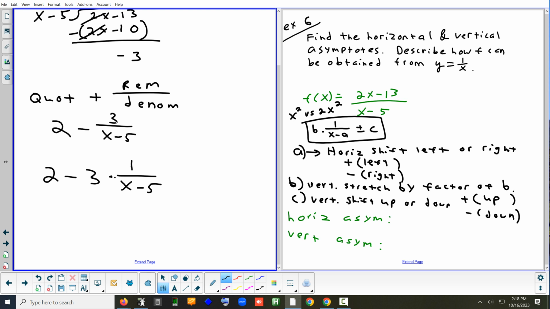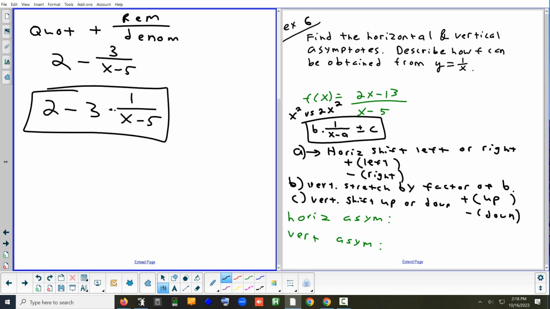It'll give you right back what you started with. Okay, so now let's look at that and see if we can identify our transformations. All right, and then we'll describe the asymptotes. So transformations.